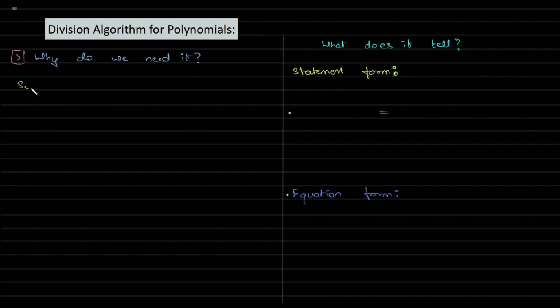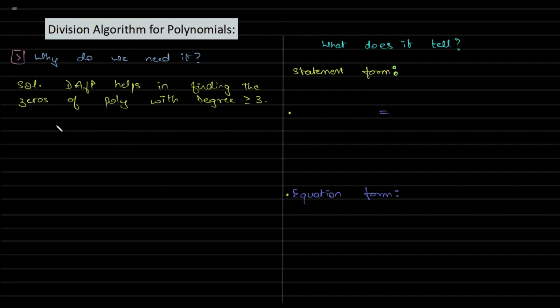So to answer this, division algorithm for polynomials helps in finding the zeros of polynomials with degree more than or equal to 3.